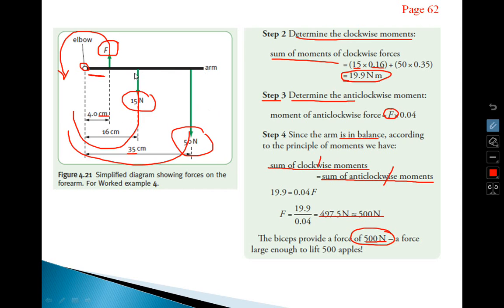Always try to understand the question, put all the information into a simplified diagram, and determine which moment is clockwise and which is anti-clockwise. Make sure very carefully which is which, and then just apply the rule.